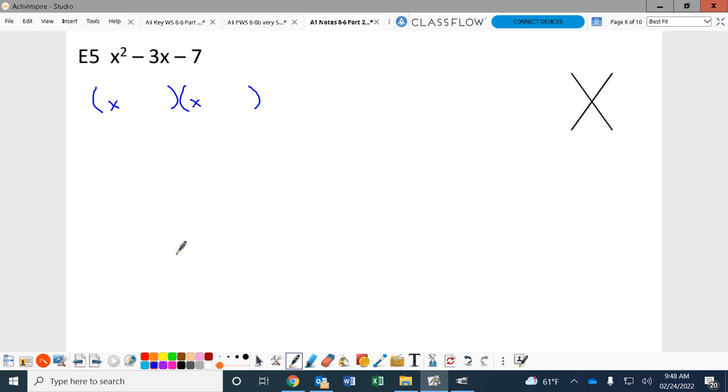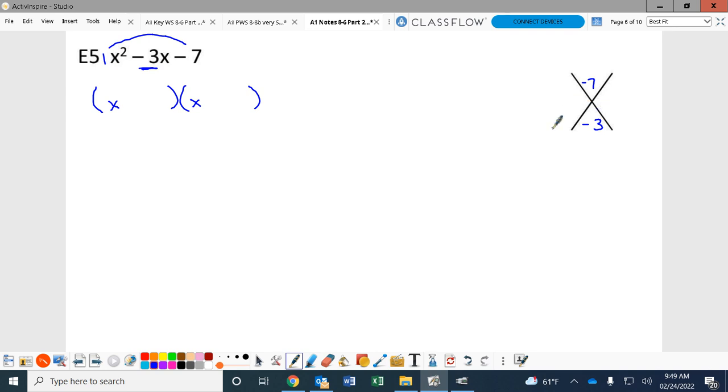The numbers that go in the diamond are going to be what on top? -7. Guys, this is 1. 1 times -7 is going to be -7. That middle number is going to go on the bottom. That middle number is -3. I need 2 numbers that multiply to give me -7, but add to give me -3.